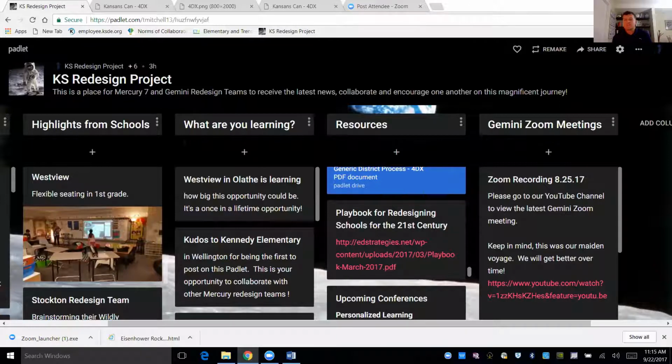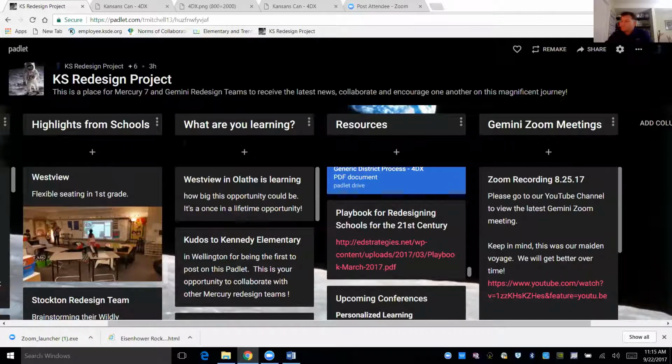So when we say it's accreditation on steroids, it's talking about the timeline. But that doesn't mean that they're different. They are the same. And the proof is in the pudding. A lot of schools are using their needs assessment results, whether it's rigor or relationships, and they're using that as their vision to redesign. So those are one and the same.